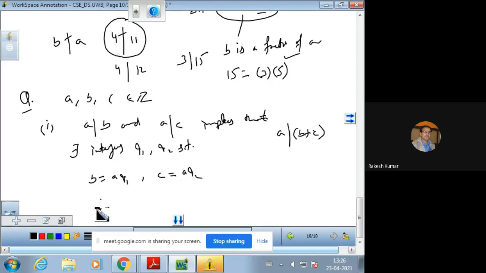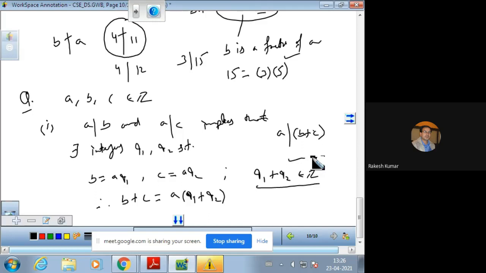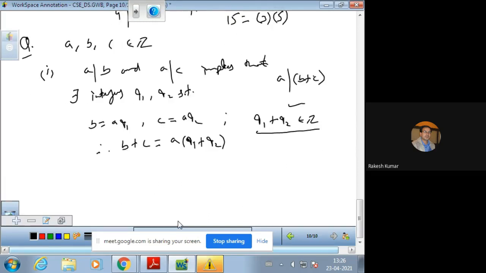Now adding these two, B plus C is equal to A times Q1 plus Q2. Now we know that Q1 and Q2 are integers, and if Q1, Q2 are integers, then Q1 plus Q2 should also be an integer. Closure property of the set of integers we have studied in group theory. So by closure property, the sum of two integers is always an integer. So from this we can say that A divides B plus C.